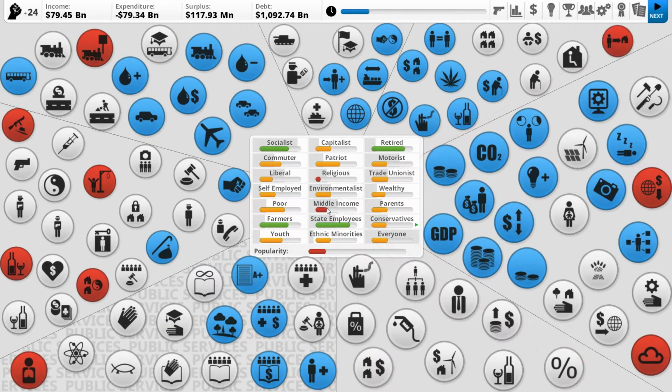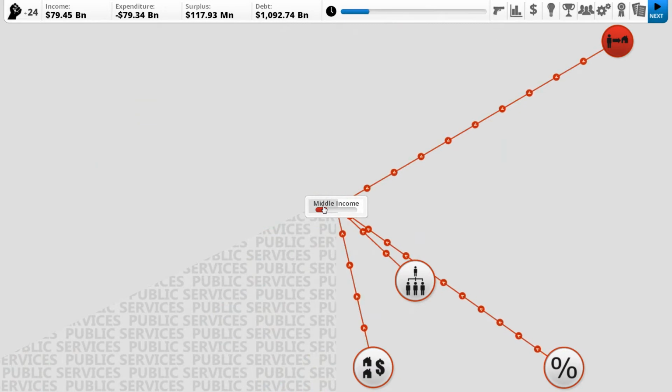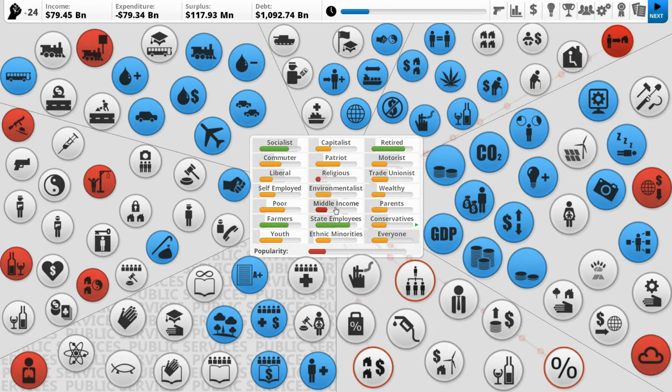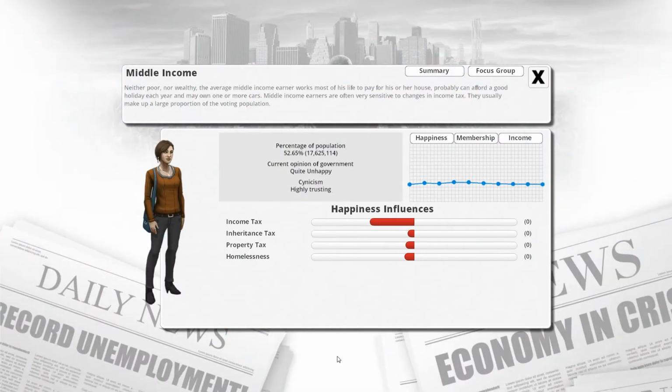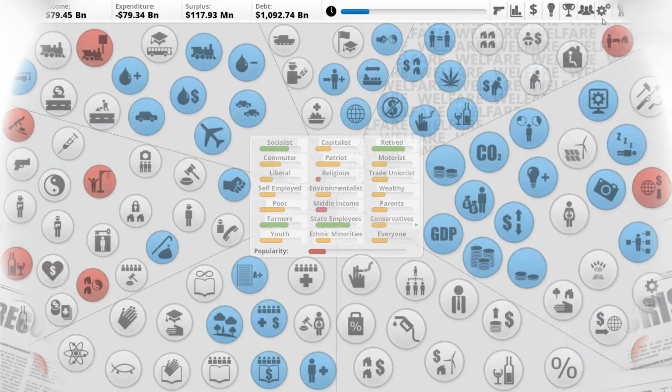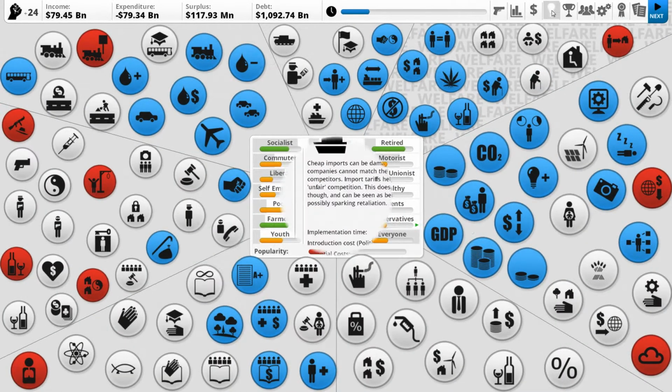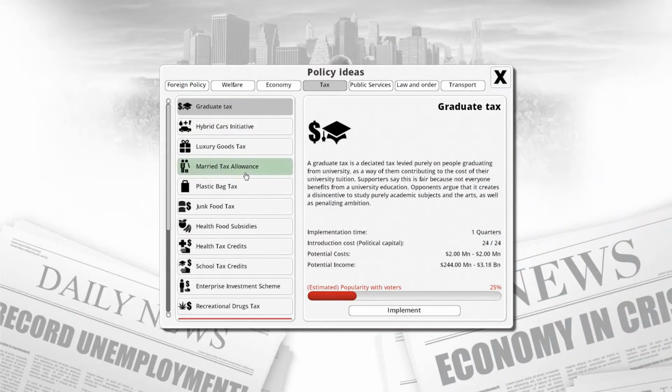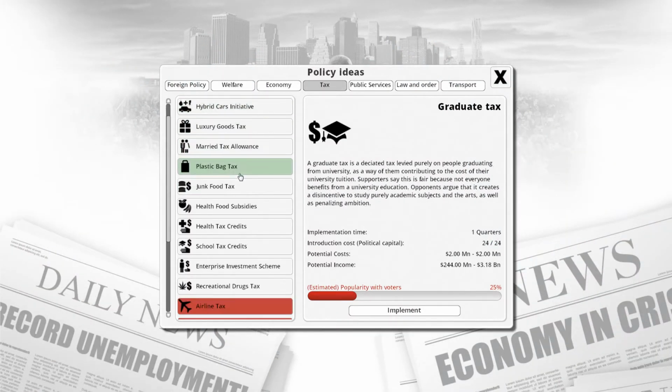We can't quite lower taxes for the middle income, unfortunately. Is there any other way that we can please the middle income? Not really. We'd have to introduce a new policy. Not entirely sure what middle income likes. What would I like if I were making a middle income?